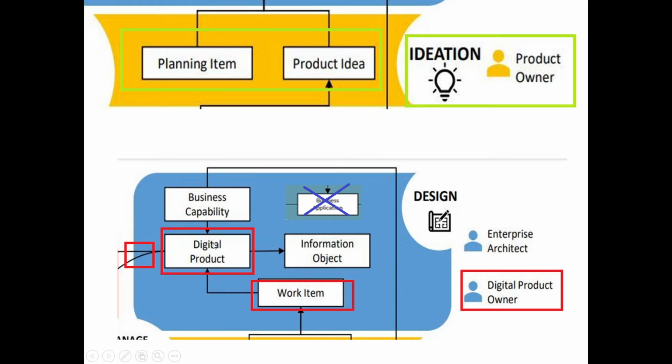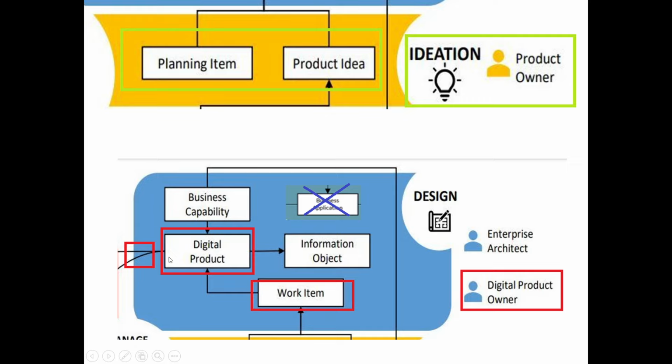We need the capabilities as well, but also in this ServiceNow, or maybe in this draft version, there is no concept of the business application at all. Possibly it has been renamed with the digital product, or maybe it is fully removed as well. As of now, I'm still looking for some kind of evidence here. This is what I understood from this particular framework.